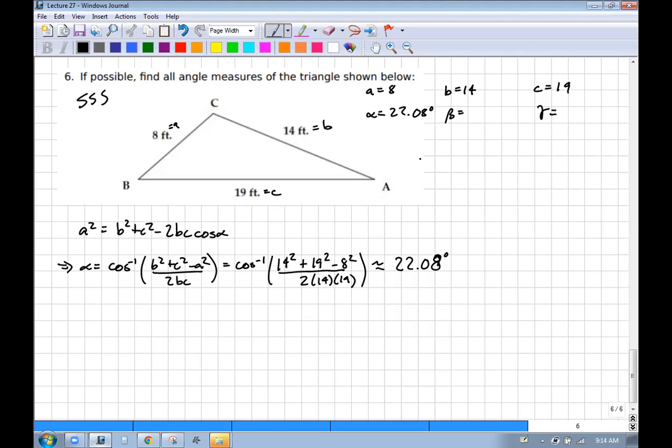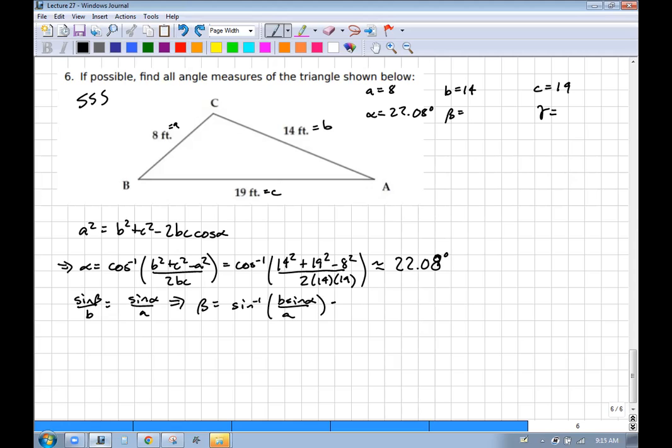Now that I got alpha, I have 3 out of 4, so I can get beta with the law of sines. Sine beta over B equals sine alpha over A. So beta is sine inverse of B sine alpha over A. Just move the A over here and the B over there, then take sine inverse of both sides.